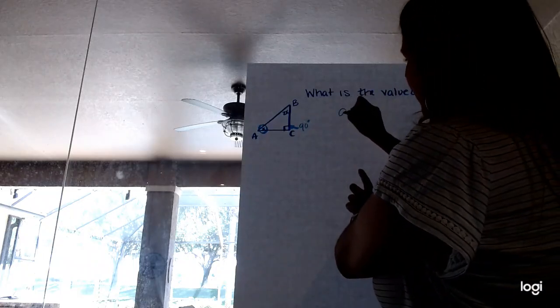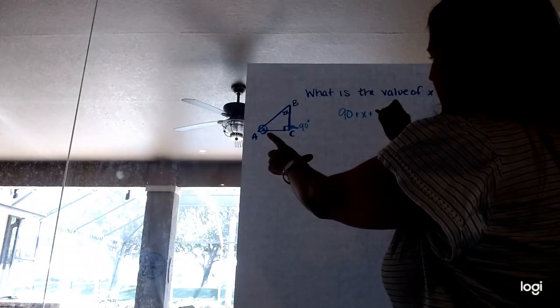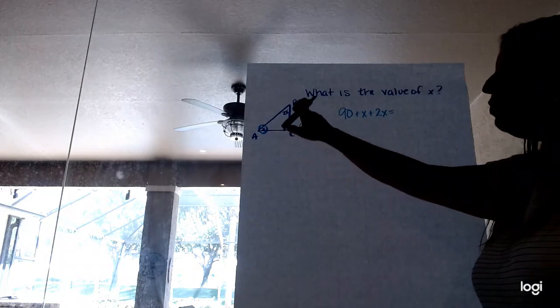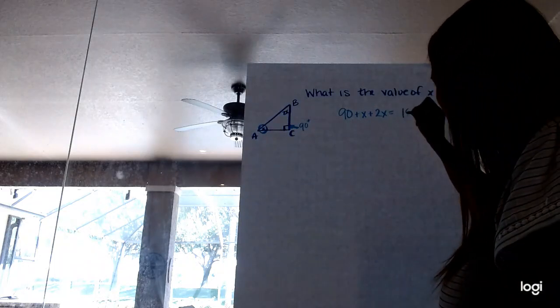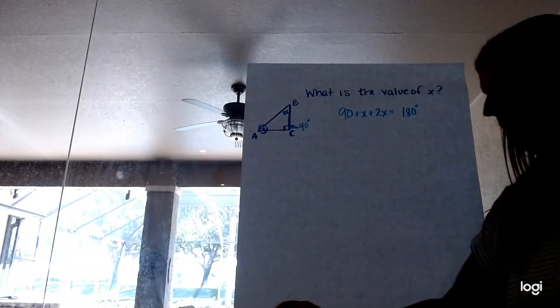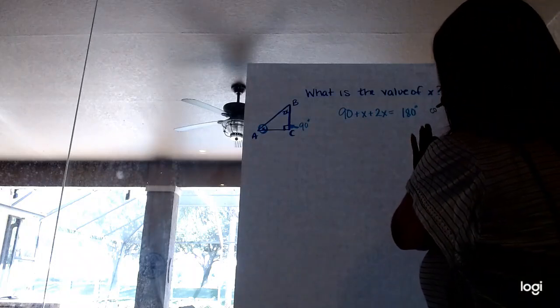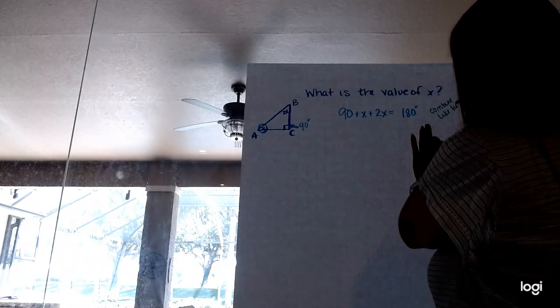So I'm going to take my 90 degrees, and I'm going to add my x and my 2x. This plus this plus this, the entire triangle is going to equal how many degrees? 180 degrees. Now what we do is we combine like terms.